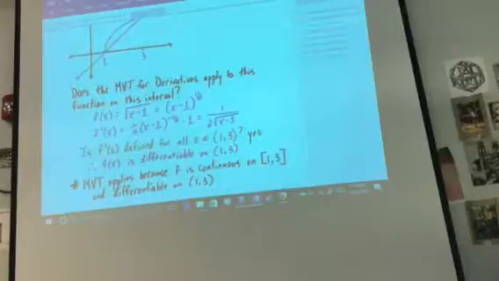Just establish that it's differentiable on the open interval. All right. So the hypotheses are met. We're going to apply the conclusion now.